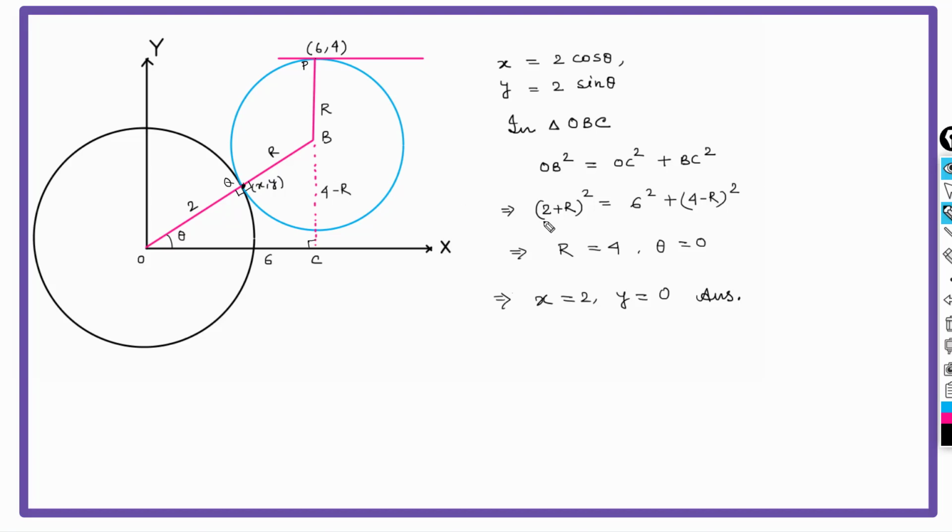And obviously if R is 4, then BC, which is 4 minus R, becomes 0. Now if this is 0, then point B actually coincides with point C, and this angle theta becomes 0. So Q point also lies on this x-axis only, where the x coordinate will be 2 and y coordinate is 0. So that should be the answer of this question.